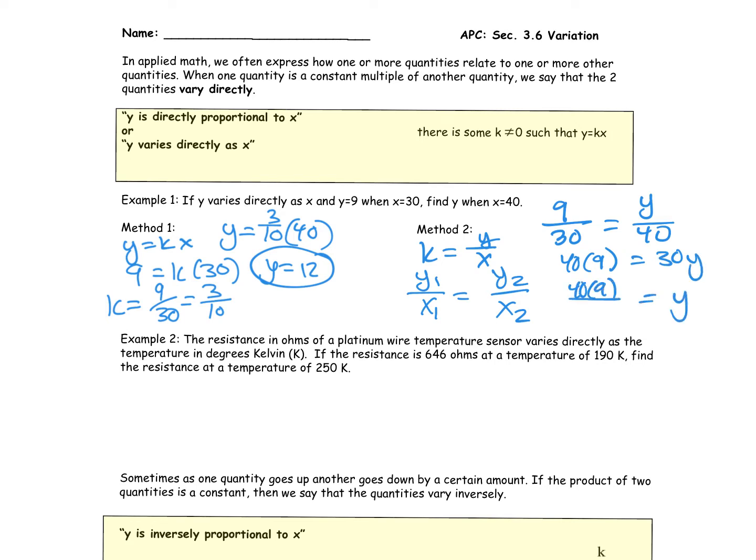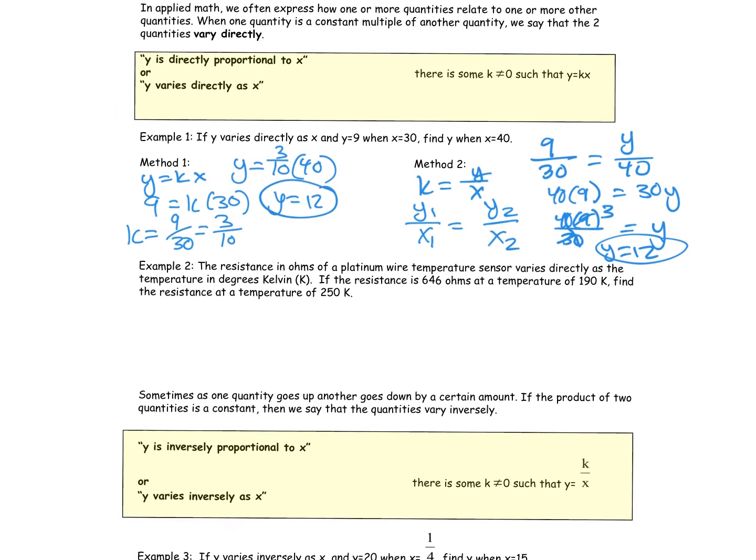And you're going to see I'm doing it like this because the zeros, I'm just reducing before I multiply. Zeros go away. 3 goes into 9 3 times, so I get y is 12. We should get the same thing as before. Okay, so you really can pick which one you feel comfortable with doing.